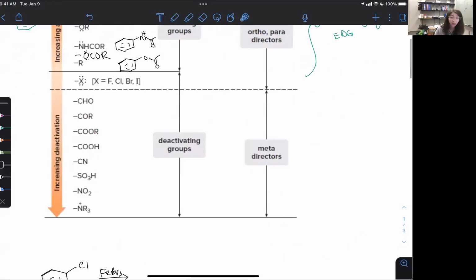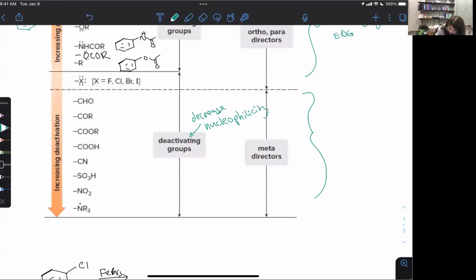All right, on to deactivating groups. Just to be clear, we're thinking about things that decrease the nucleophilicity of the ring. So we're thinking about things that take electron density out.